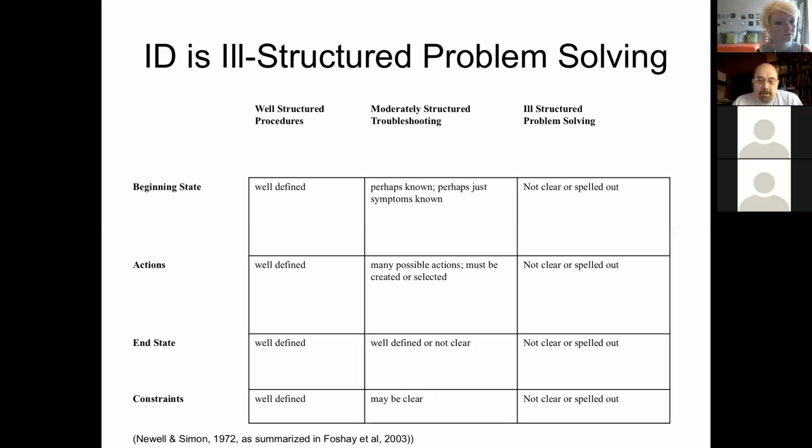Well, the argument is that many instructional design projects, most of the time, are a lot closer to the ill-structured problem-solving end of the scale than the well-structured end of the scale.